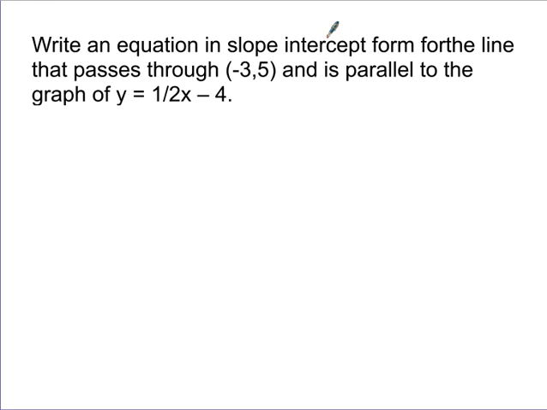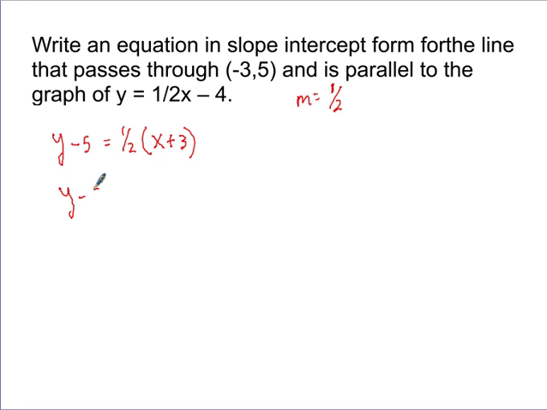Next one, write an equation in slope-intercept form for the line that passes through -3, 5 and is parallel to the graph of y equals 1/2 x minus 4. So we know that the slope is going to be 1/2 because it's parallel to this line. So using point slope form, y minus 5 equals 1/2 times x plus 3. Then just solve for y.